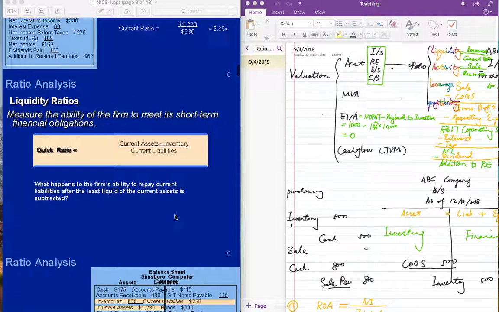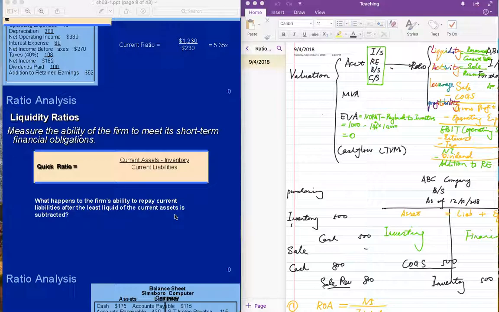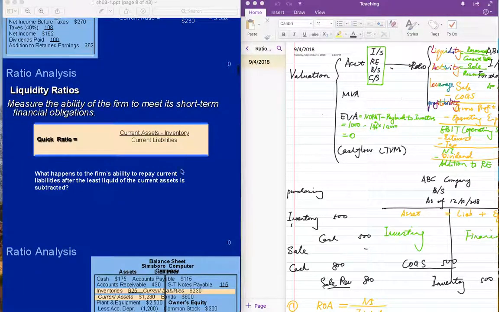Why is that? Because most firms will not choose inventory as a source of cash flow in order to pay current liabilities. So that is your last choice in order to pay off your liabilities, which is to sell off your inventory. Inventory is used to generate your revenue. But in the case that you need some cash, you want to cash out from inventory to pay off your debt.